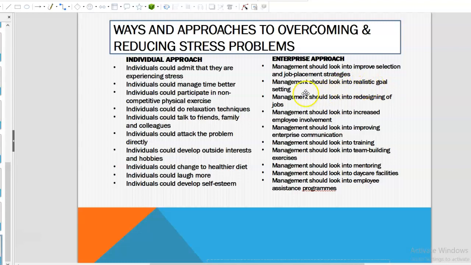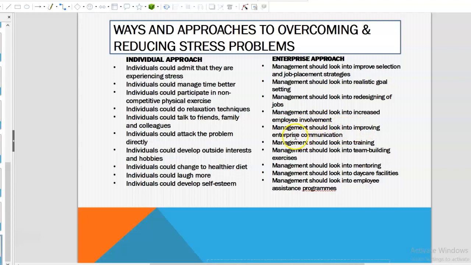Realistic goal setting, it should be realistic. Sometimes the organization can set high goals. That is what is stressing employees out. Redesigning of jobs and looking into increased employee involvement. The more employees are involved, the more satisfied they can become. They're involved in decision making and all of that. It also increases job enrichment.